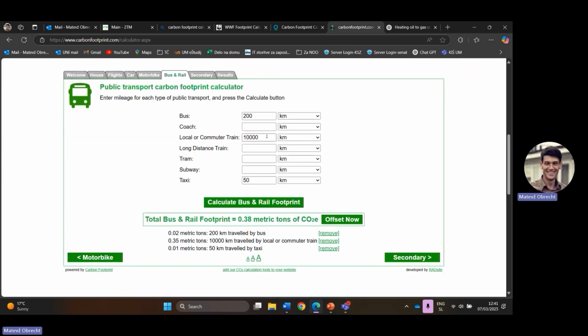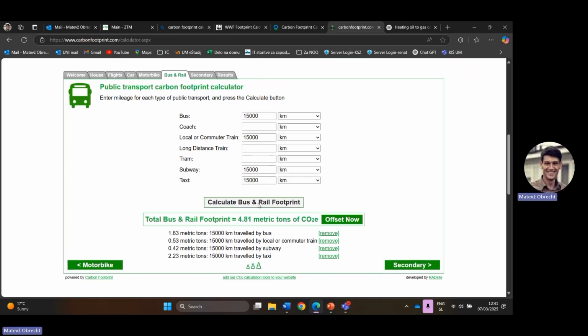You can also try to make calculations like this and see the comparisons. For example, you can see traveled by taxi is the same as the personal vehicle, like the previous part, and subway, train, bus. You can see what the differences are, and how much smaller our impact is if we travel the same distance with the train instead of taxi or personal vehicle.